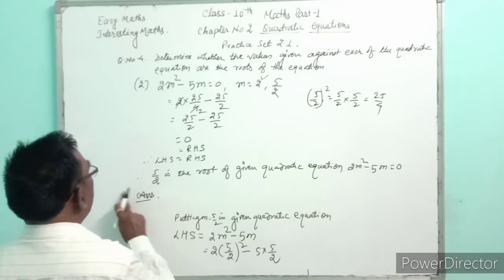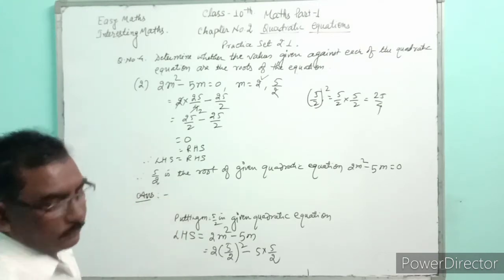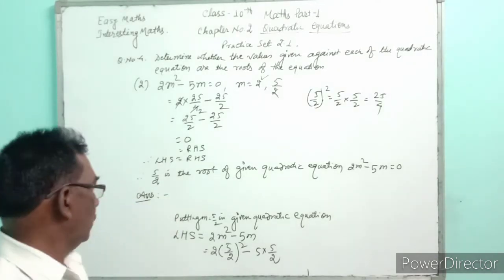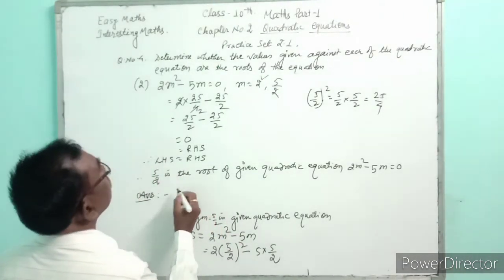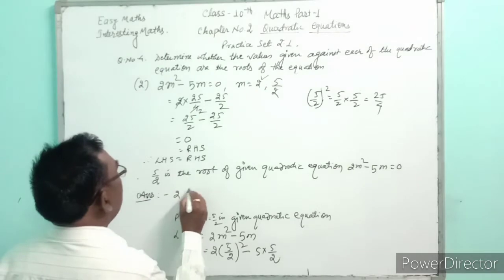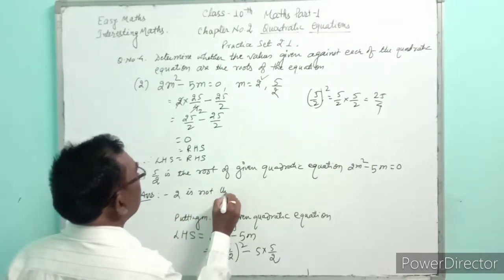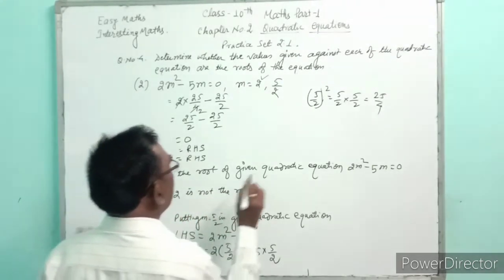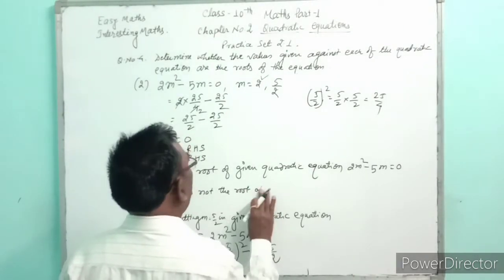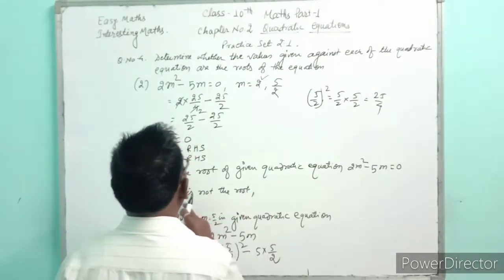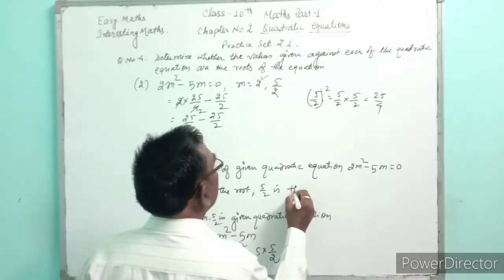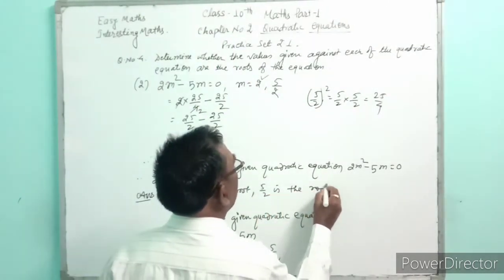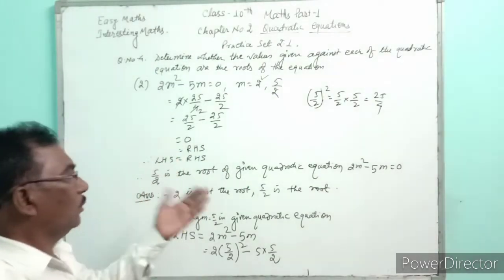It is very important. 2 is not the root, 5 by 2 is the root. This is our answer.